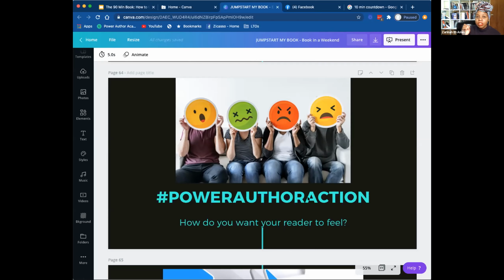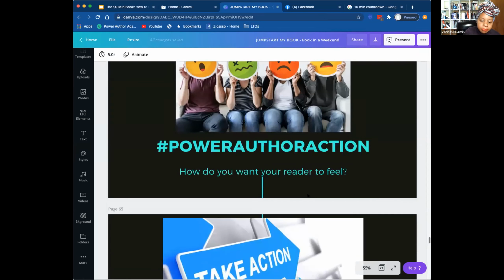Some books make you feel inspired, like, oh, I can do this, I can go and do something. Some books just give you an idea of happiness. Some books make you sad and contemplative, right? So what do you want your reader to feel when they finish reading your book?